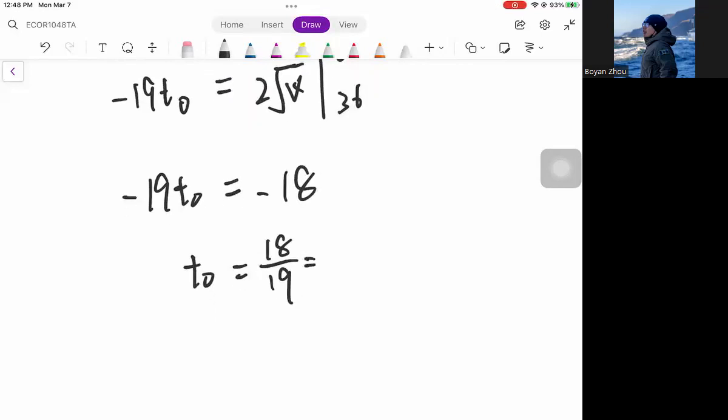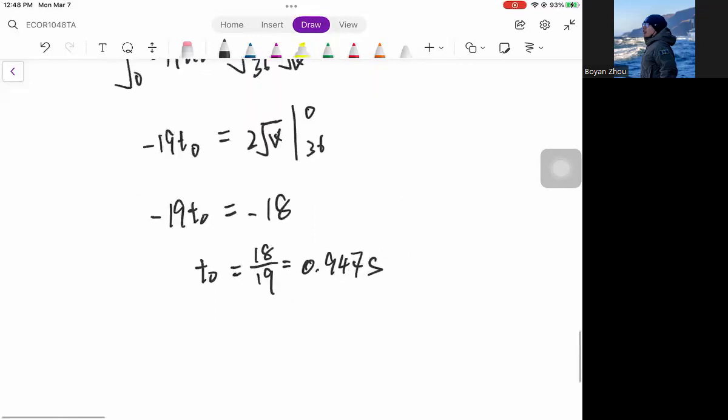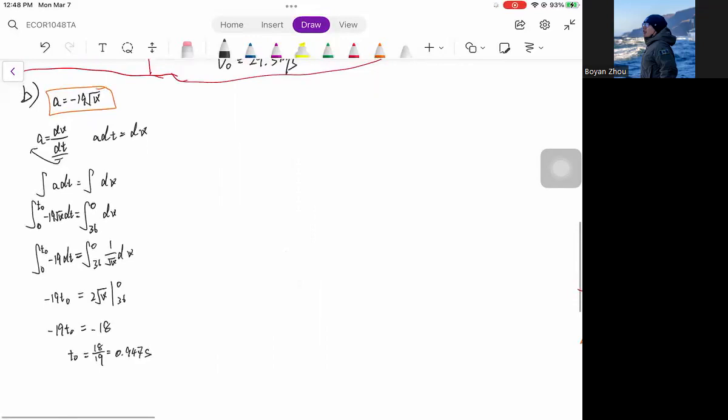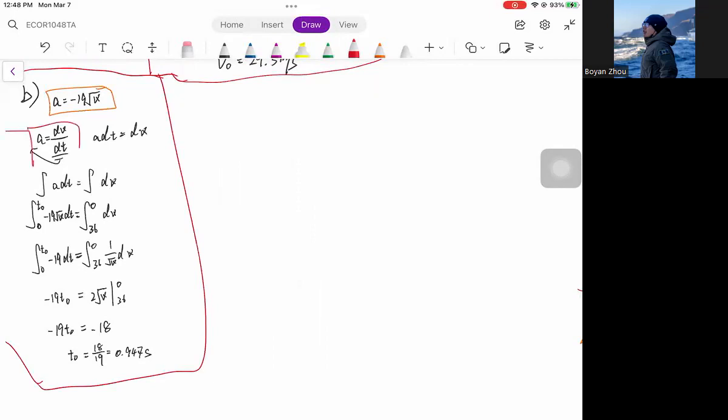So that is 0.947 seconds. Okay, so that is part B. Essentially, we just use another equation, set up the integration, find the boundary, and then solve the equation and get the answer.